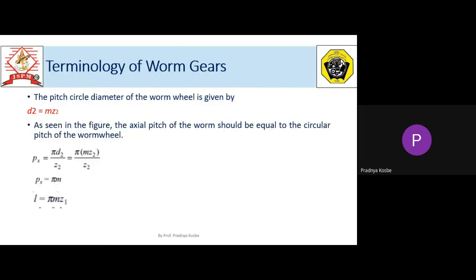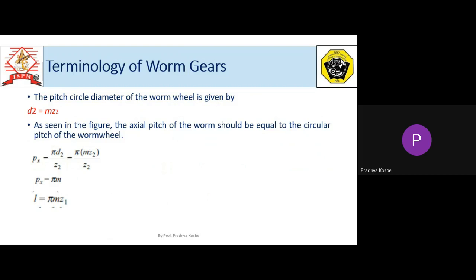So here, px is equal to pi d2 divided by z2, because axial pitch of the worm should be equal to circular pitch, and the formula for circular pitch is pi d divided by z, that you know.